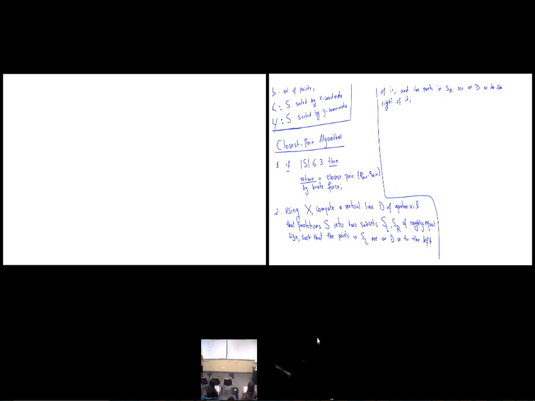Again, you find the middle, put everything from the middle to the beginning in one set, and everything else in the second set. Now that you've computed SL and SR, you have two subproblems.